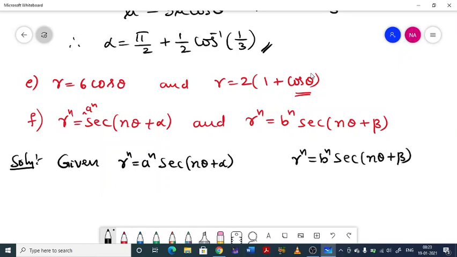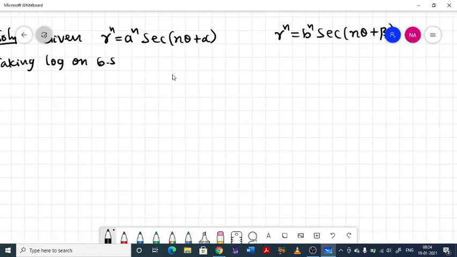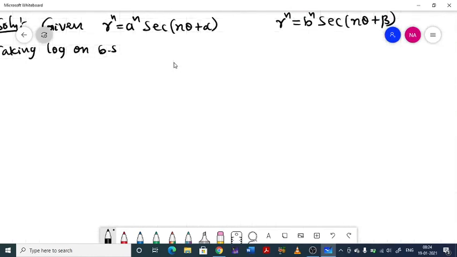So taking log on both sides and simplifying using the properties of logarithms, I will be getting n log r equal to n log a, or log a power n, no problem, anyway it is a constant term, plus log of secant of n theta plus alpha.